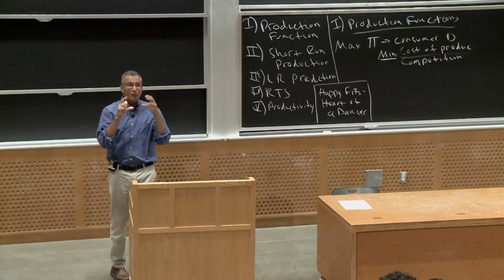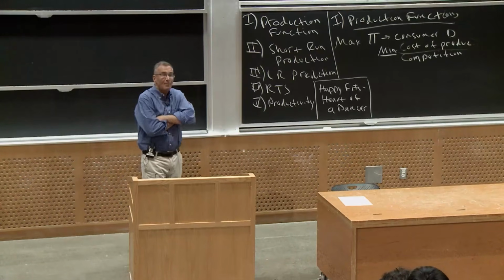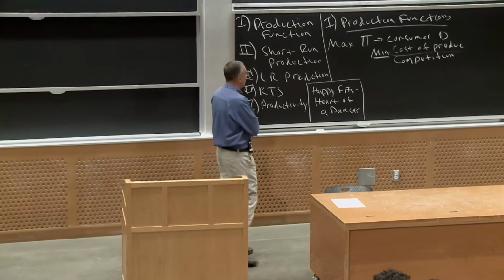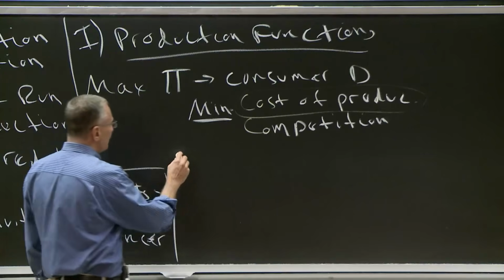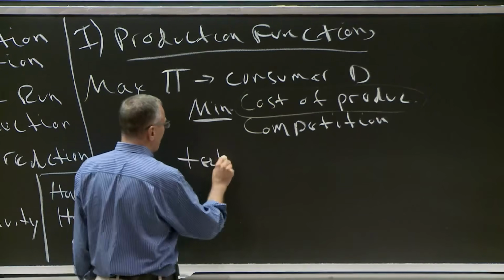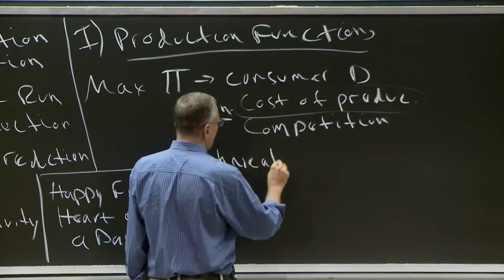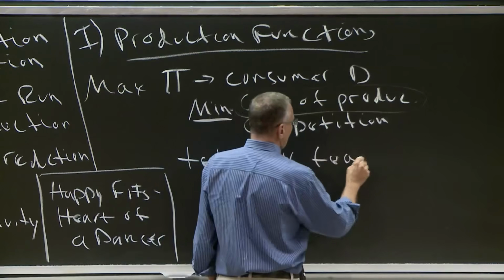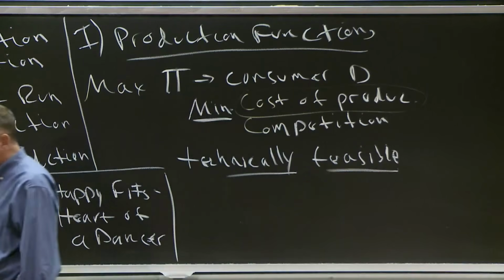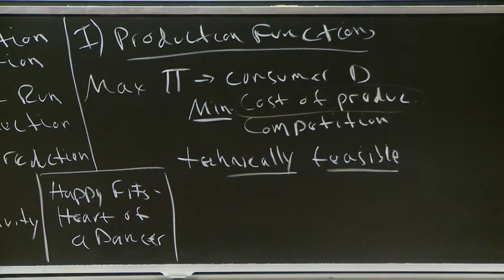That production function is the magic of the firm. Technically, a production function is a description of what is technically feasible for the firm to produce. That's their production function, what is technically feasible for them to produce.